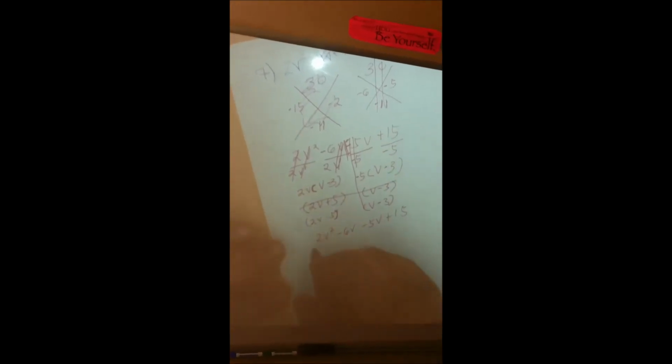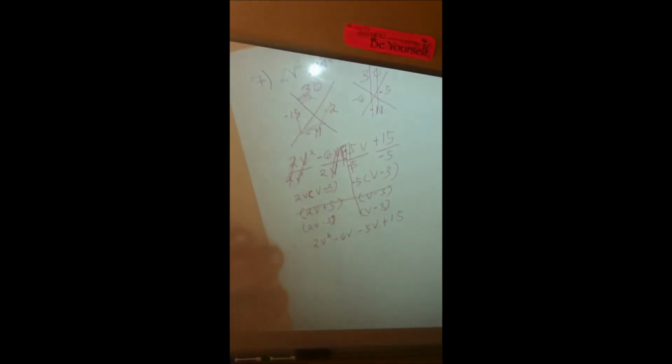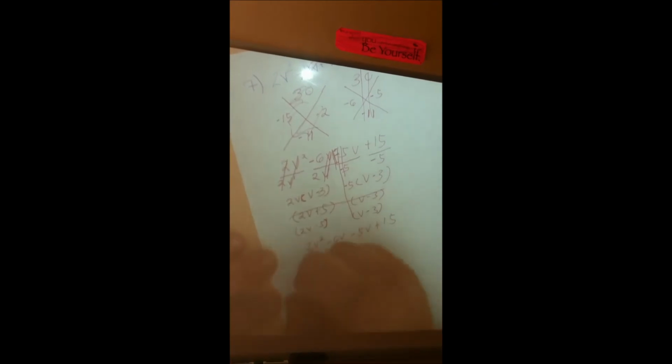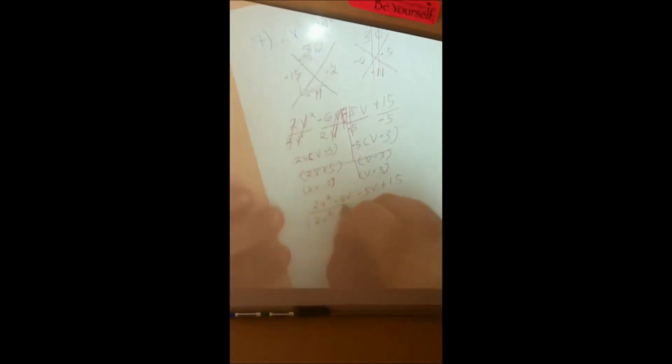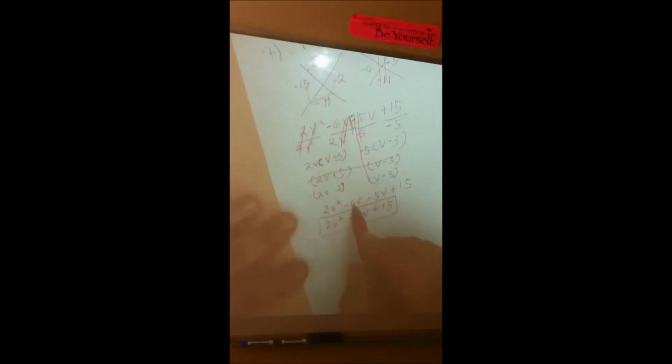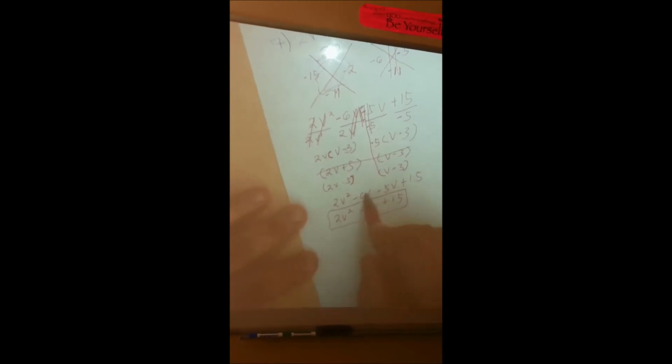And then if we just add our like terms here, we get minus 11v plus 15.